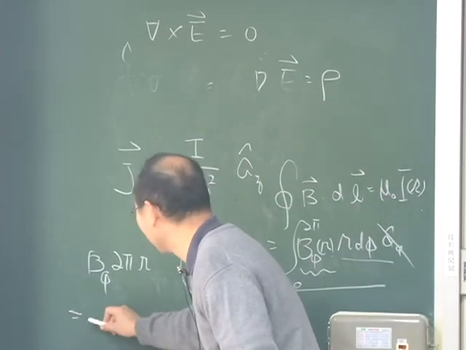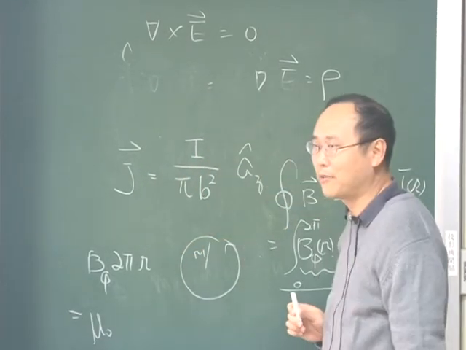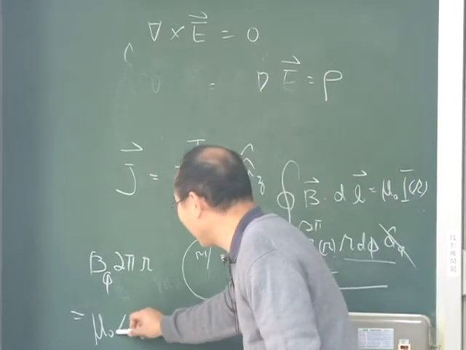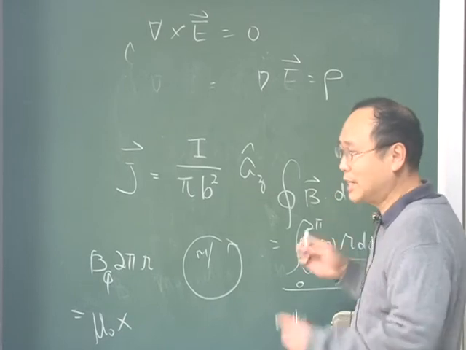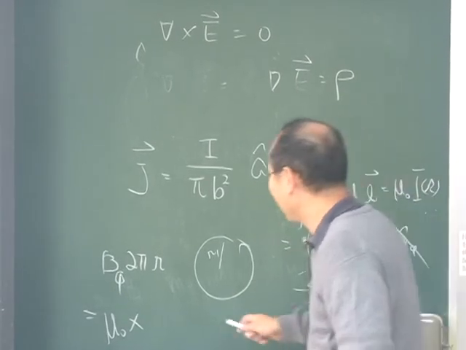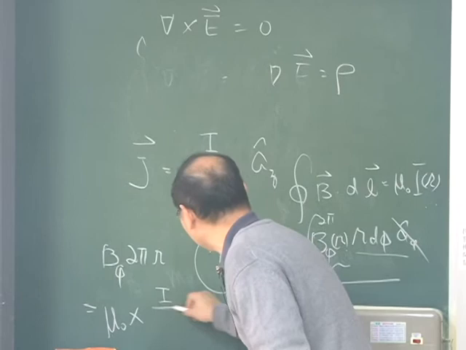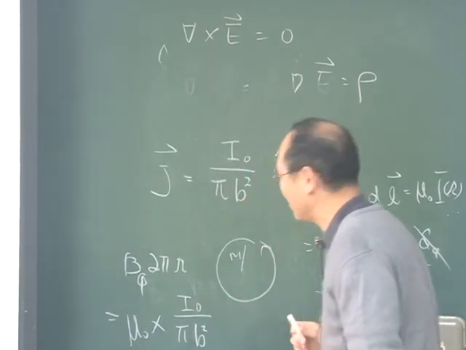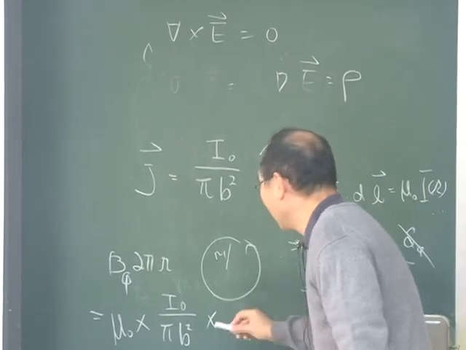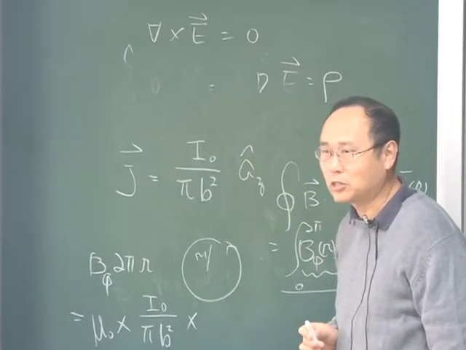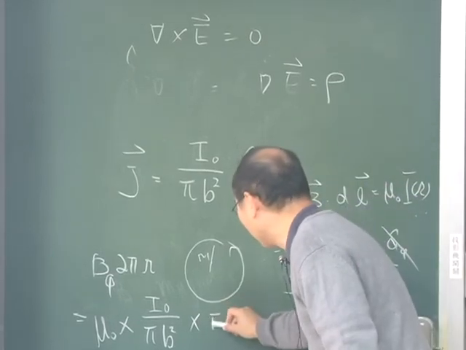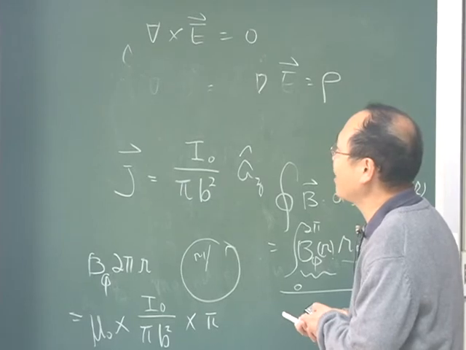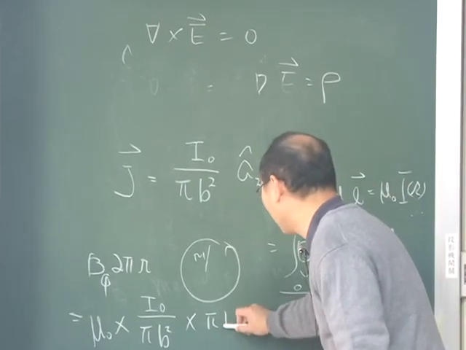On the right-hand side you have the vacuum permeability multiplied by the current inside this circle. The current density is I0 divided by pi b squared, and everything is proportional because it's a uniform current. So you multiply by the area of the circle, pi r1 squared.